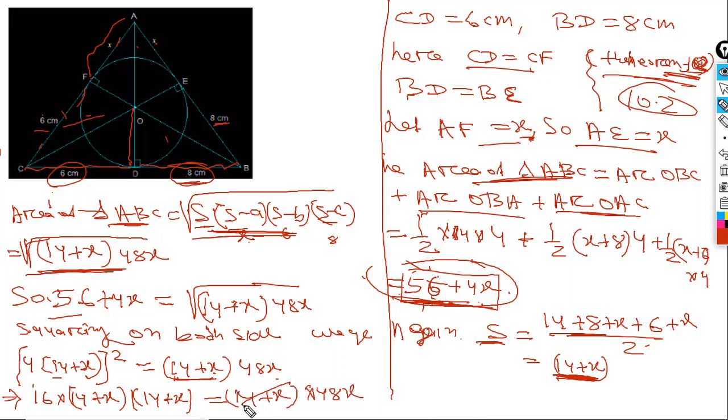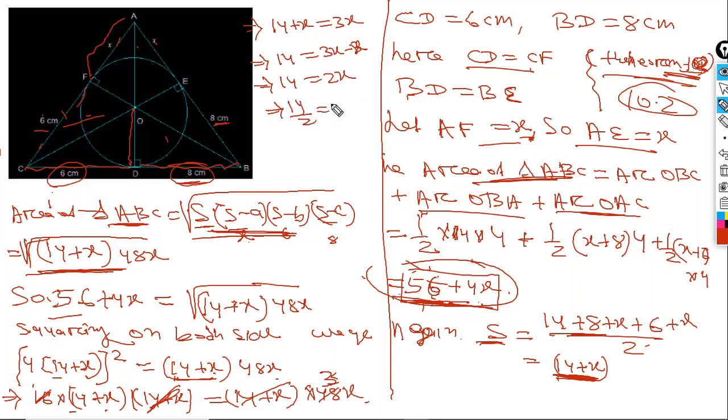Now cancel 14 plus x here, and also cancel 16; here it will be 3, since 16 times 3 is 48. Now we have 14 plus x equal to 3x, which implies 14 equals 3x minus x, so 14 equals 2x, so 14 by 2 equals x, so x equals 7.